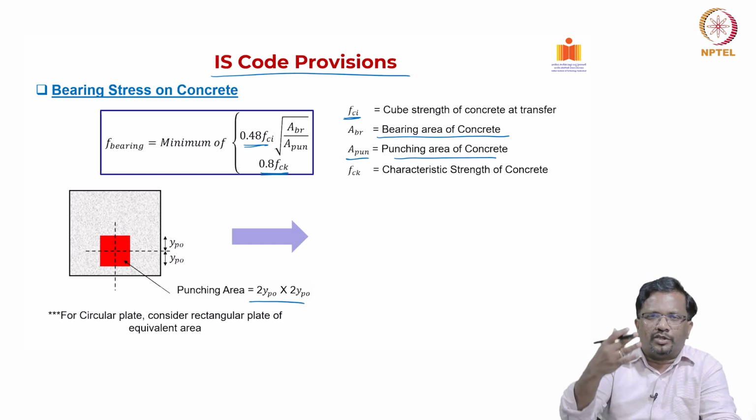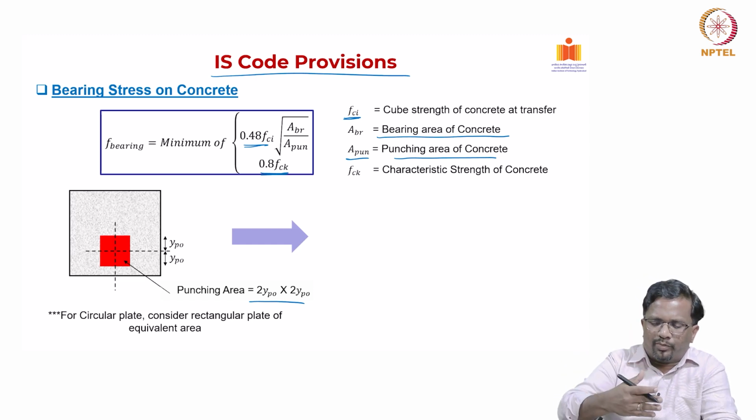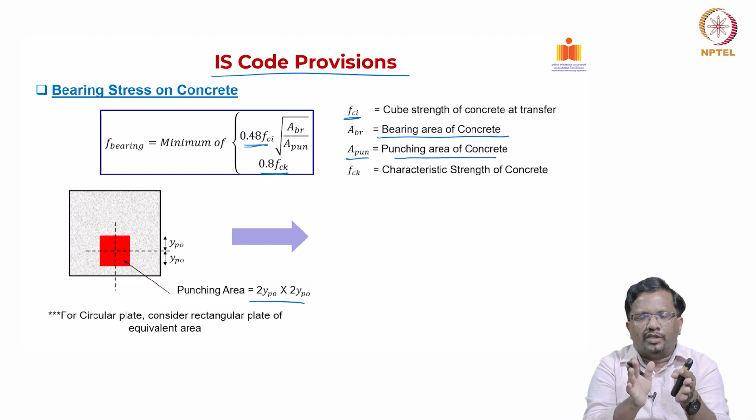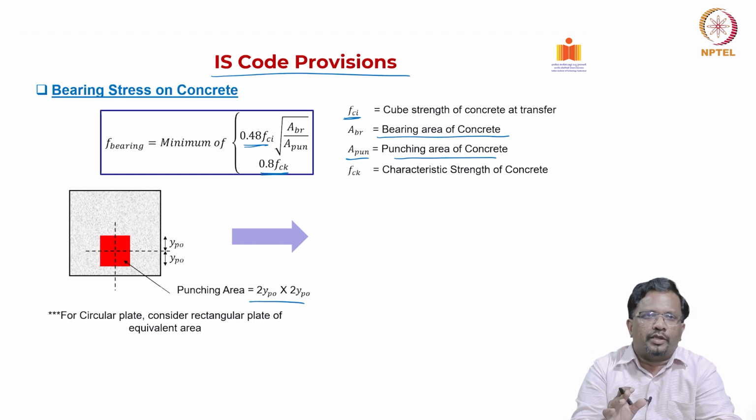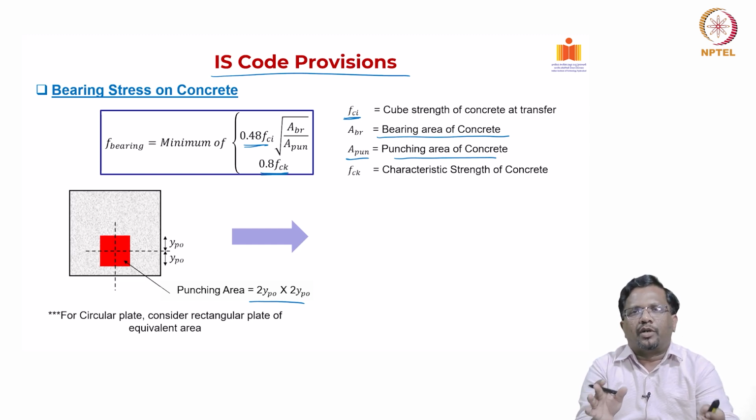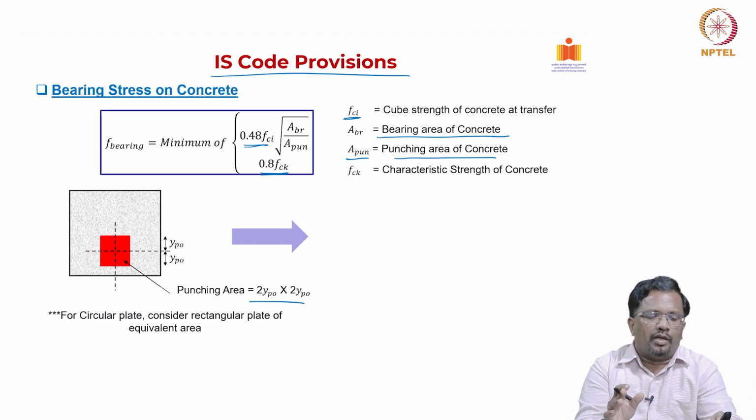Now, inside the concrete, it is going to develop like a frustum. This is just at the anchor plate, the bearing area, but inside the concrete you are also putting a lot of reinforcement, so it is going to develop over a larger area. That is why we say the concrete will act like a frustum, and that area is called the bearing area.